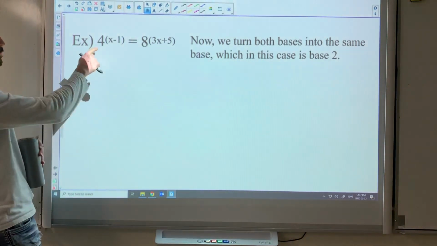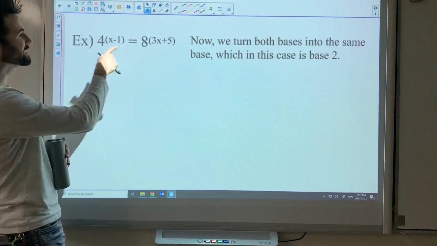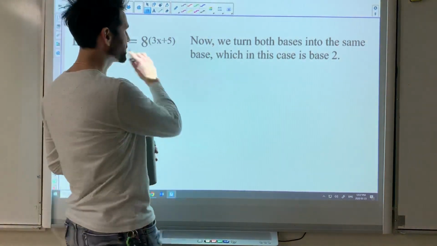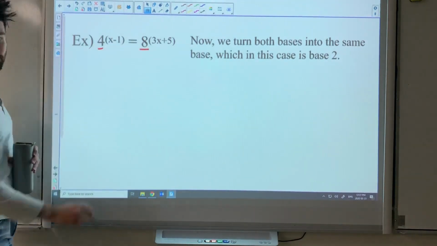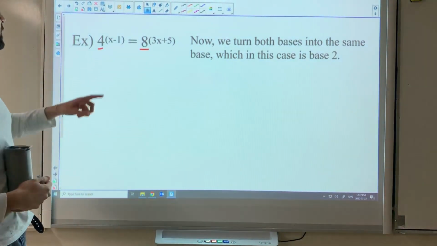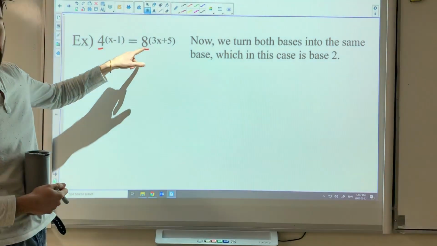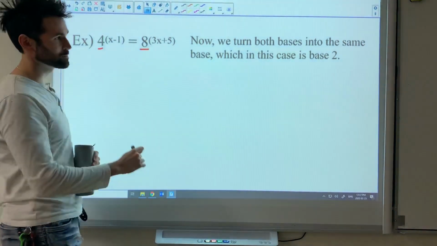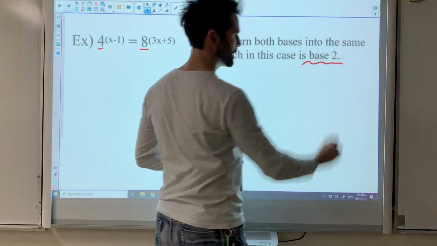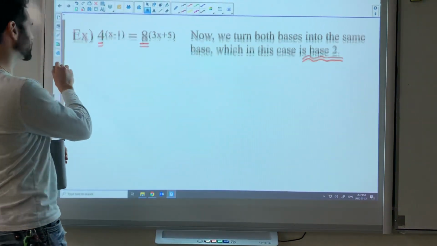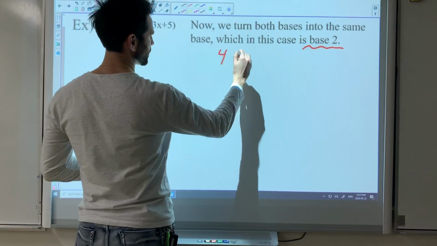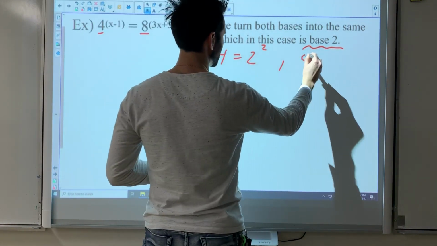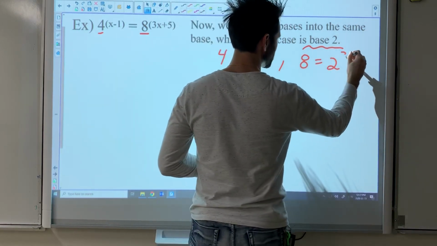Now we turn to questions like this. So now we have 4 raised to the x minus 1 equaling 8 raised to the 3x plus 5. They don't have the same base right now, but if you can change them to the same base, then we'll be able to solve. So 4 and 8 can be expressed with a base of 2. So I think we're all going to agree that 4 is just the same thing as 2 to the power of 2, and 8 is just 2 to the 3.